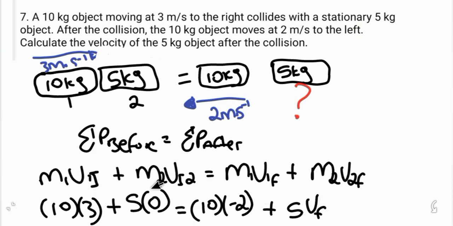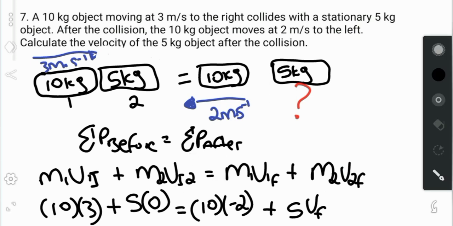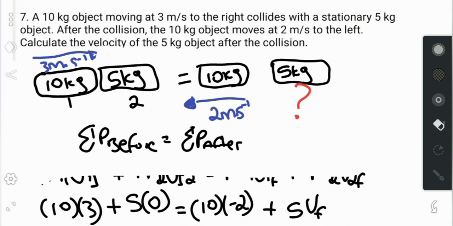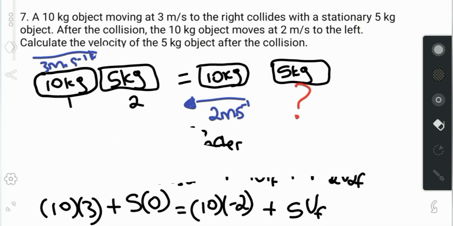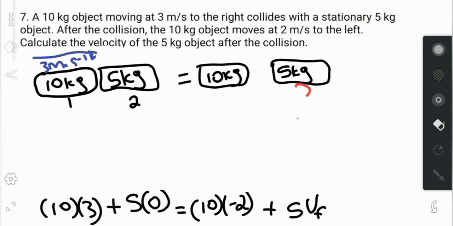Now we need to work out the final velocity of object number 2, the 5 kg block.